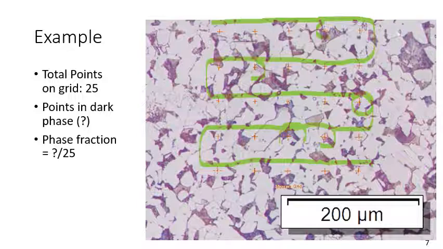Keep going down. Half plus half, that's 1. 1 plus a full one here, that's 2. There's a partial there and a partial there. So 2.5, 3. So I get 3 points in the dark phase. So my phase fraction estimate using this 25-point grid would be 3 out of 25 points.